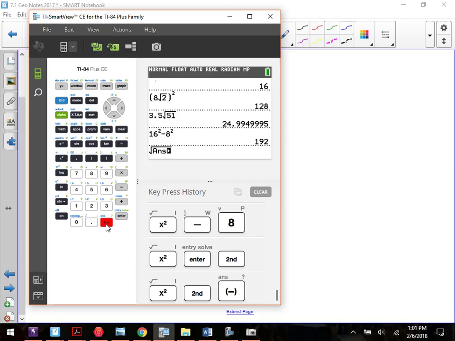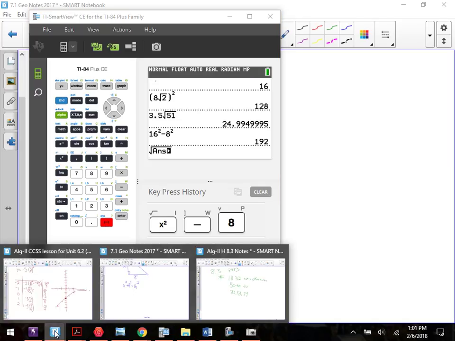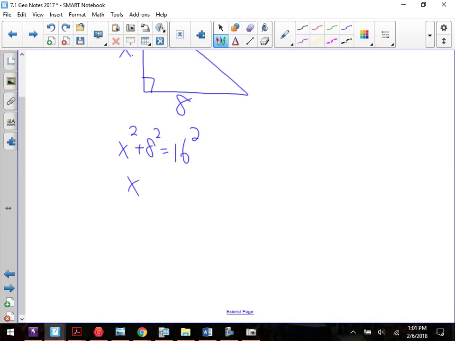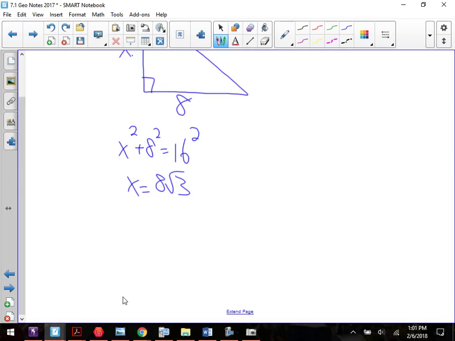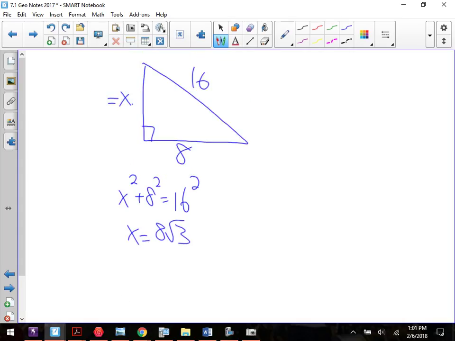What does it say? 8. Good. 8 root 3. The answer button is you hit second negative symbol. So this gives you your value here of 8 root 3.